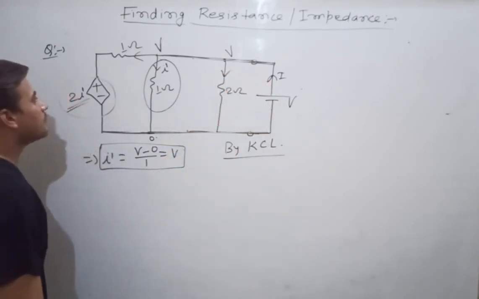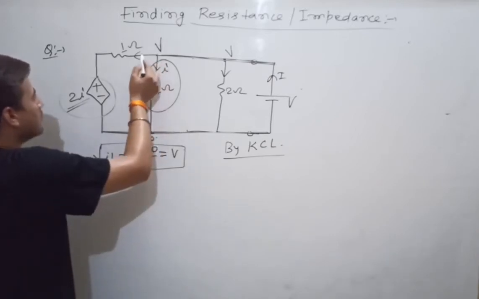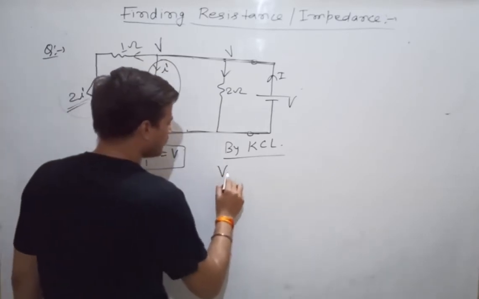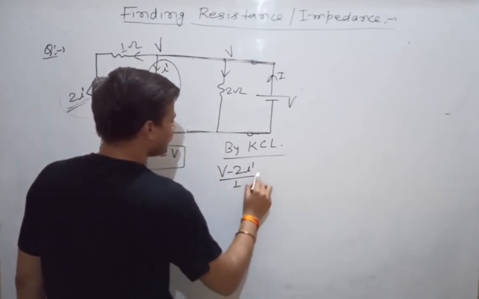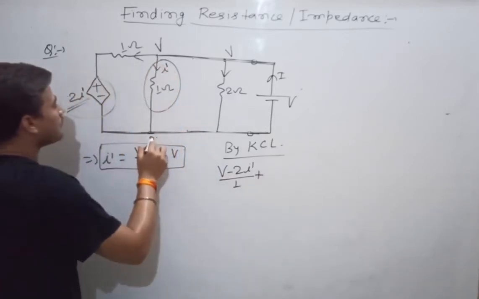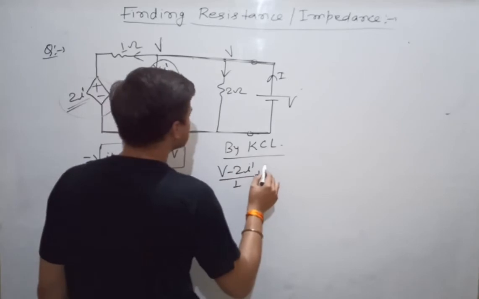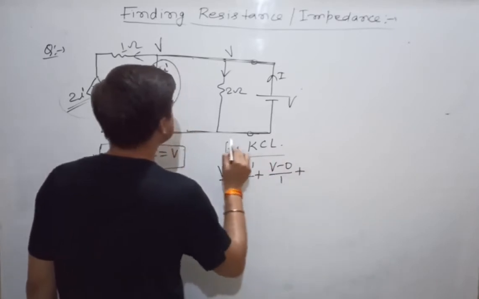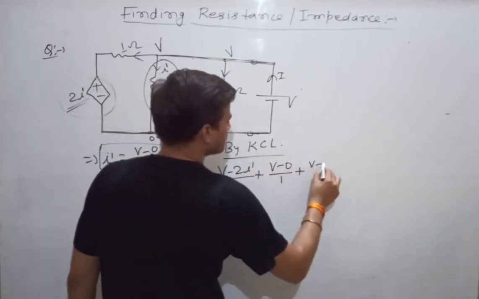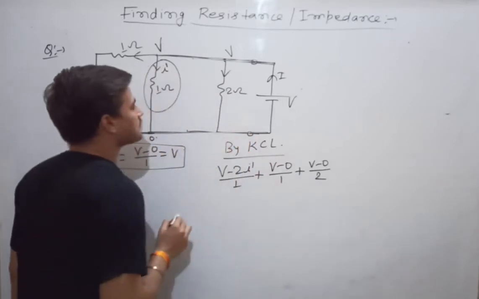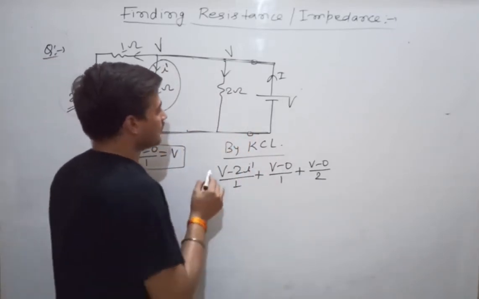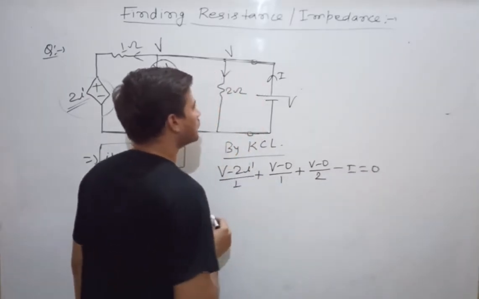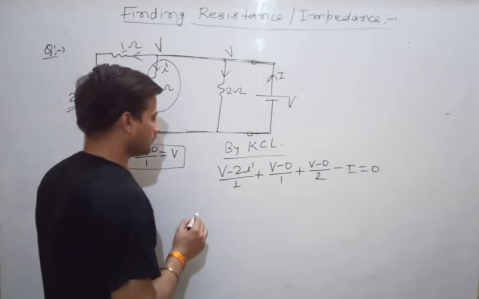So the current coming out from this one will be V minus 2I dash divided by 1, plus the second one V minus 0 by 1, plus the third one V minus 0 divided by 2, minus I, will be equal to 0.